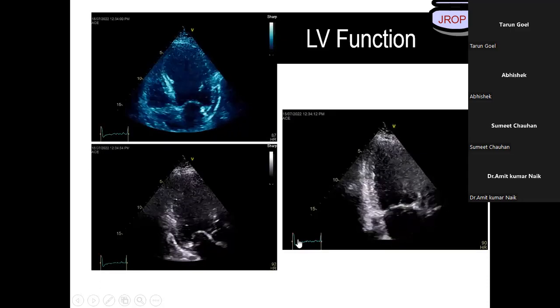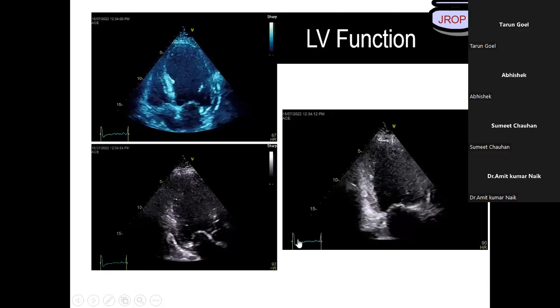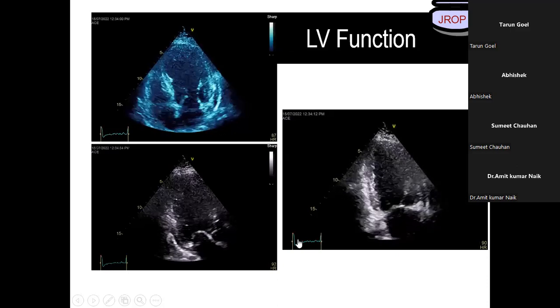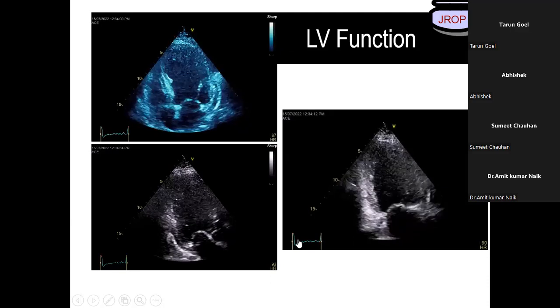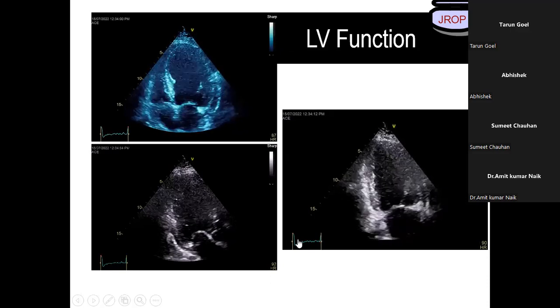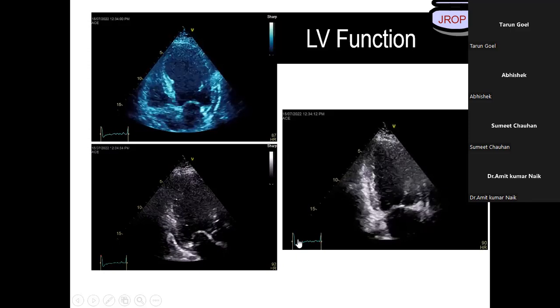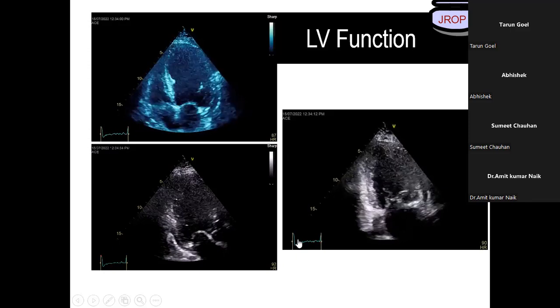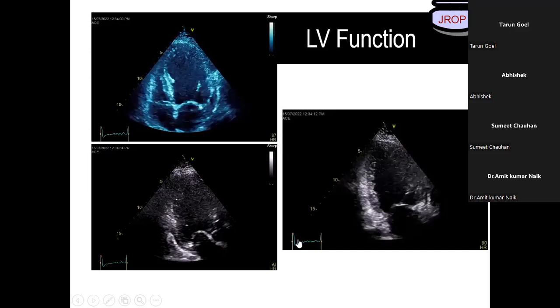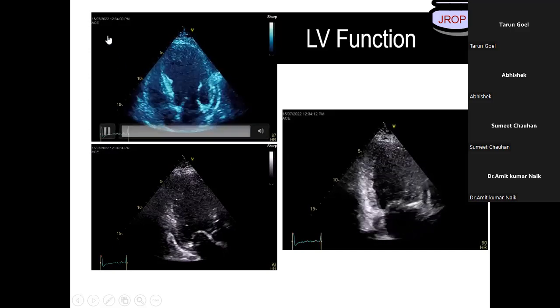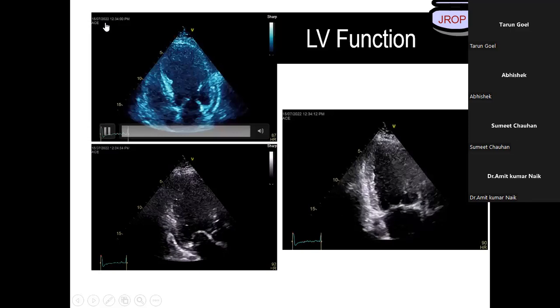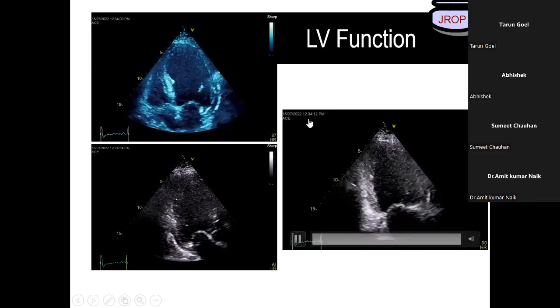Now two chamber view. In two chamber, the anterior wall is moving, contracting normally, but the inferior wall is... Same patient? Same patient. Look at the timers over there, 15/7/22, 12:34.